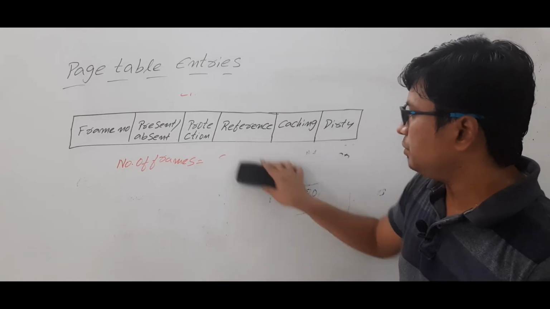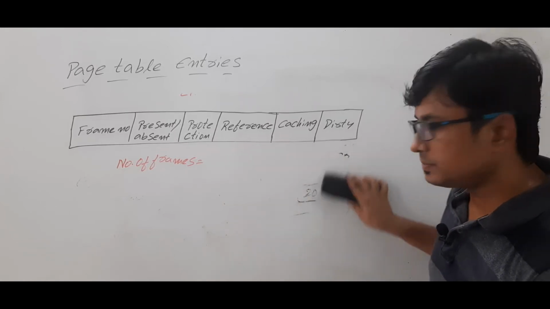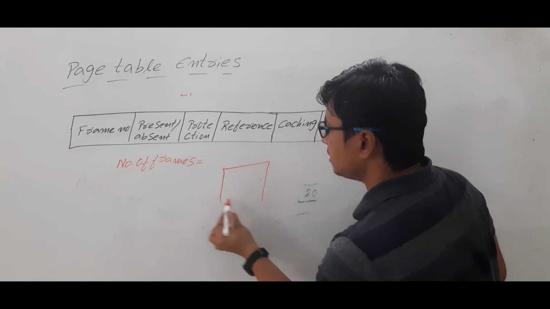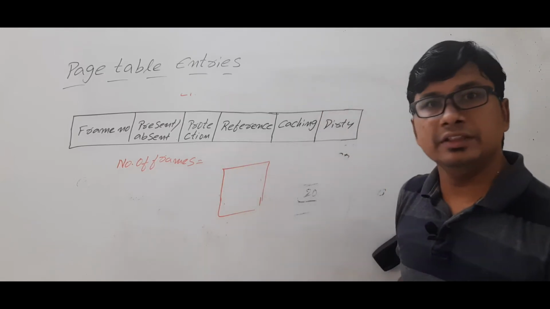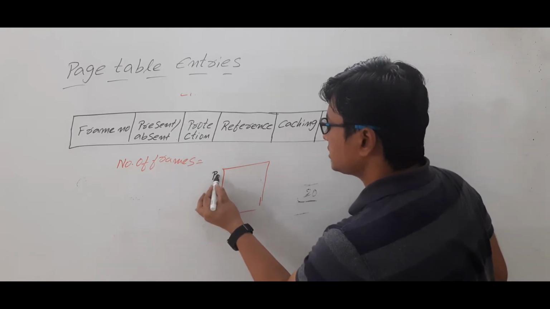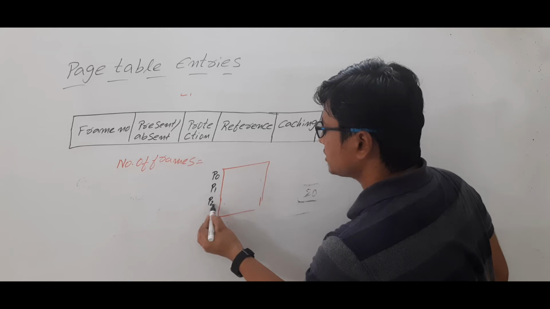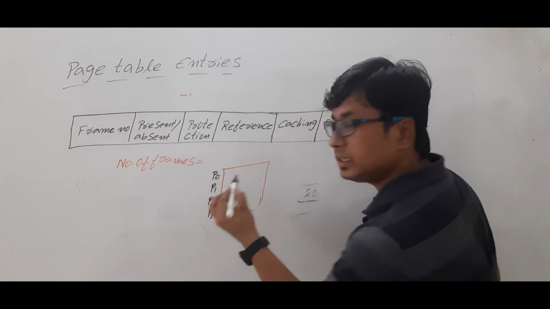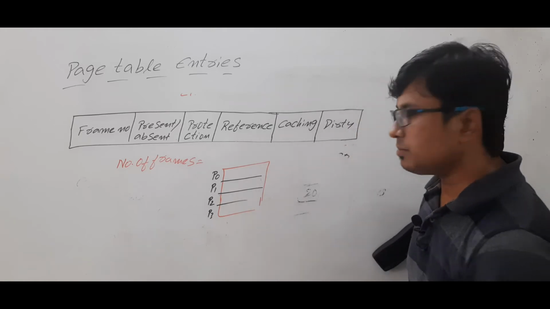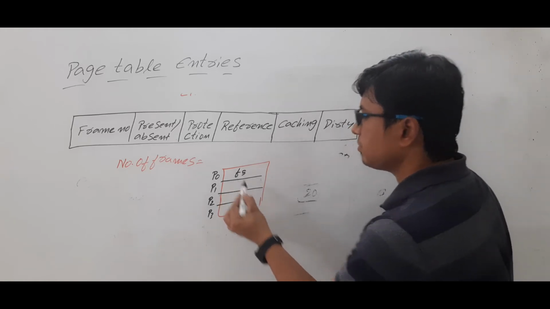Now let's consider that in a virtual memory, the entire process may not be available in the main memory. Let's take that you have page number 0, page number 1, page number 2, and so on, page number 3 in a process. Let's consider that page number 0 is currently in frame number 5.